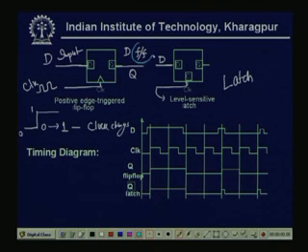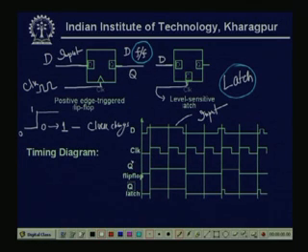Now, if we see the timing diagram of the flip flop and latch, this is my D input, these are my clocks and this is Q, means these are the outputs.